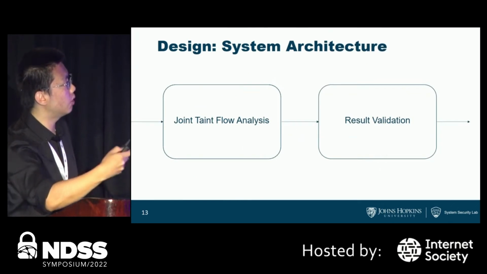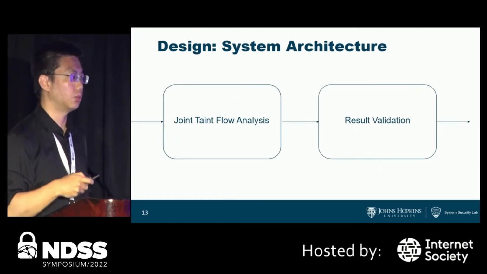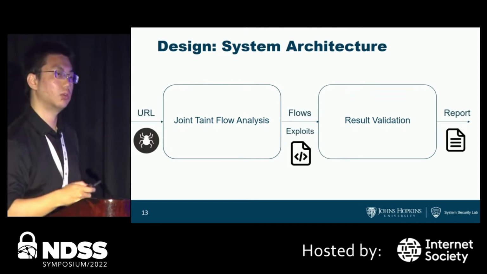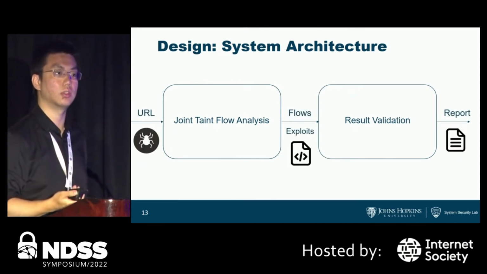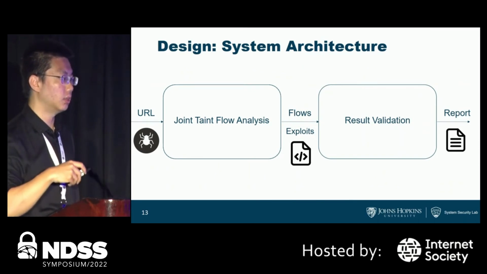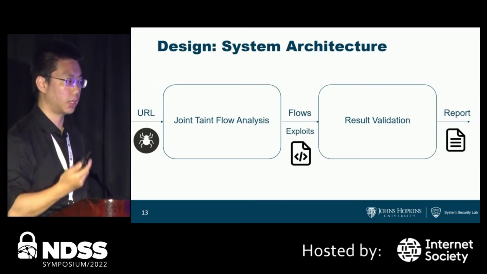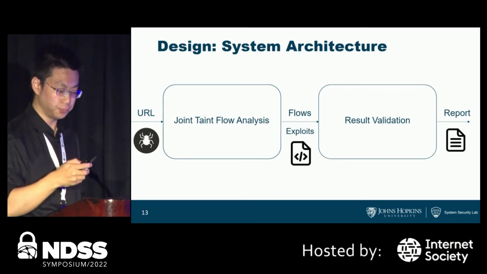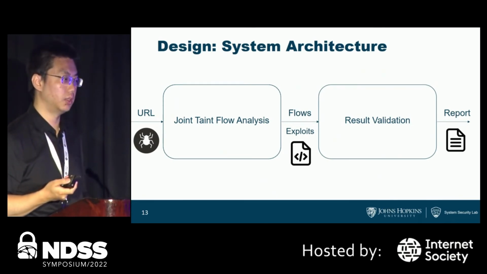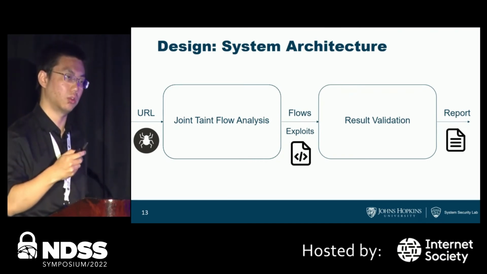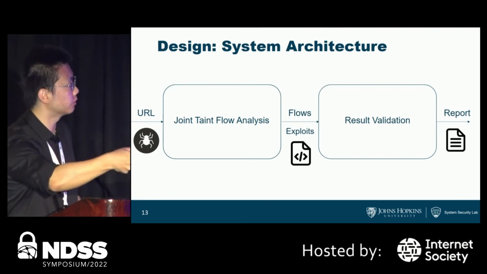It basically involves two main modules, the joint taint flow analysis as well as the result validation. After our crawler iteratively crawls all of the seed websites, it will use joint taint flow analysis to get both the taint flows as well as the exploits. Then after the result validation, it will automatically generate technical reports to send to the corresponding website owners.